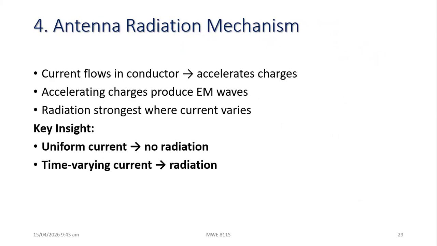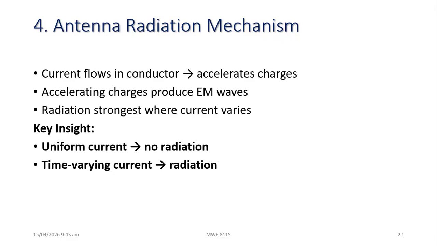The principle is that as this current flows through the conductor towards the antenna, the electric charges begin to accelerate. And as they accelerate, these accelerating charges produce what are known as electromagnetic waves. Basically, electrical energy is transduced into electromagnetic waves.